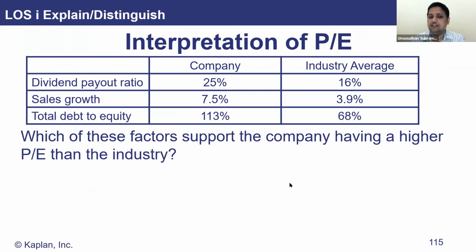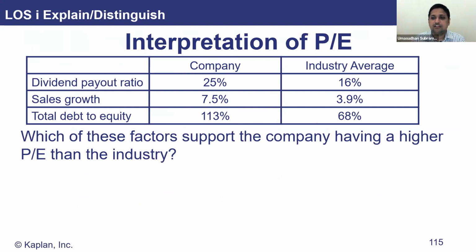Now, this is an interesting question, and we are actually going to discuss this. Look at this. We are going to interpret the PE ratio. The dividend payout ratio of the company is 25%, industry is 16%. Sales growth of the company is 7.5%, industry is 3.9%. Debt to equity of the company is 113, and the industry average of debt to equity is 68.